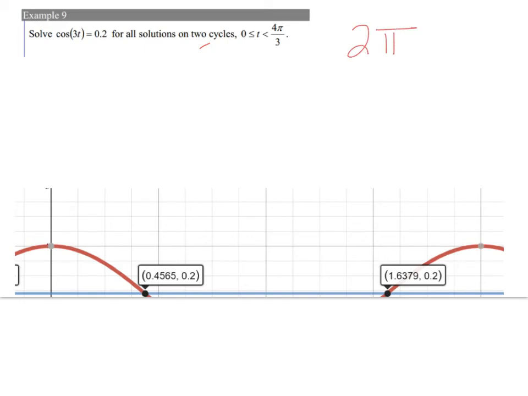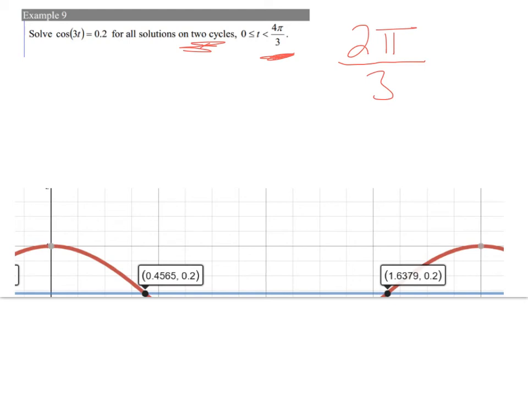If I take 2 pi, which is the normal cosine period, and divide that by the b number, which is 2 pi over 3, that's the length of one period. And so if it's 4 pi over 3, they have me go out 2 periods, and they want 2 cycles. So I know I'm going to have to go around the circle twice.